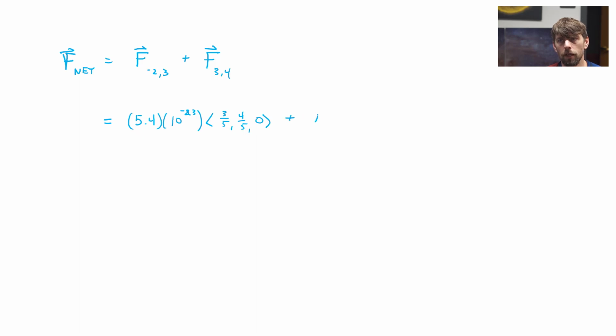And then we had 10.8 times 10 to the negative 23rd. It's nice that we have the same kind of factors floating around, isn't it? It'll make our lives a little bit easier. We have 3/5, 4/5, and 0. And the negative sign, remember we said it was a negative x.